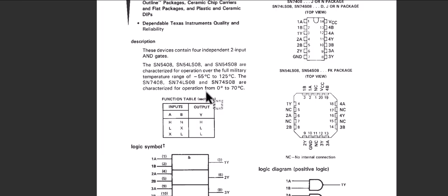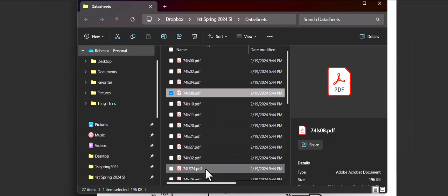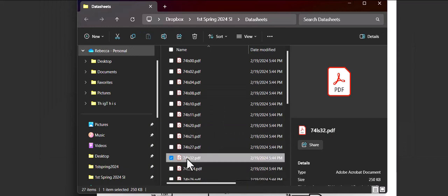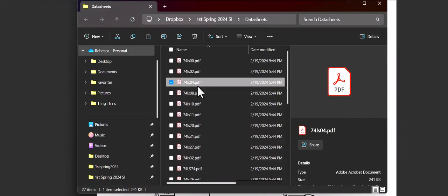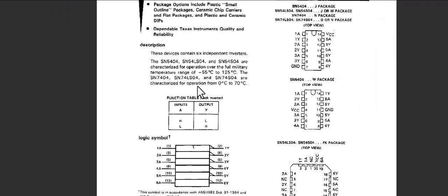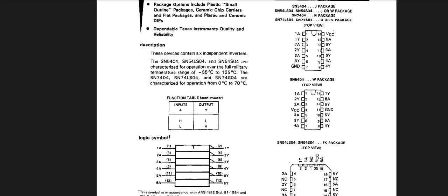Here's 7408, 7432, and 7404. Okay, so since it is my inverter, I could invert up to 6 things, and my AND gate and OR gate both have 4 AND gates and 4 OR gates.